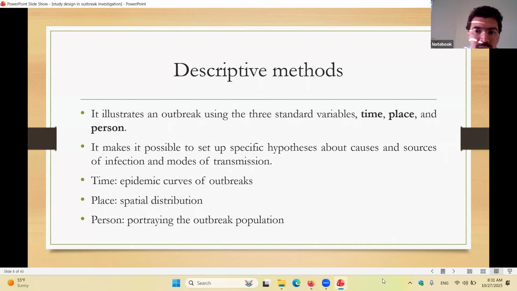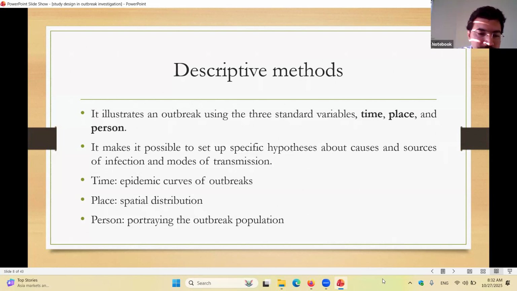I repeat again: time, place, and person. It makes it possible to set up specific hypotheses about causes and sources of infection and modes of transmission.